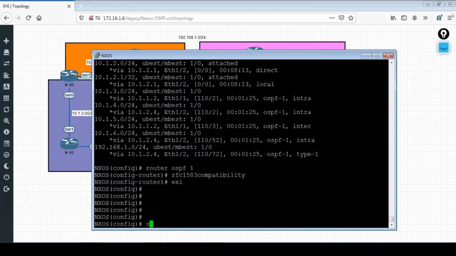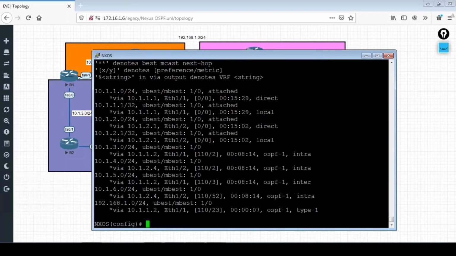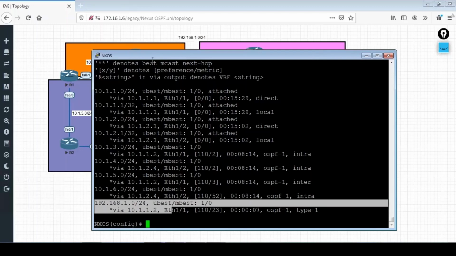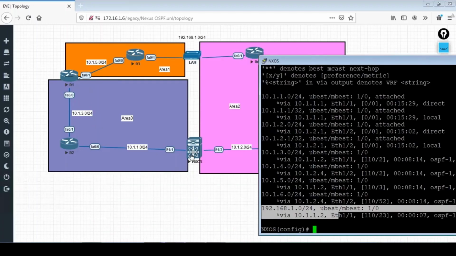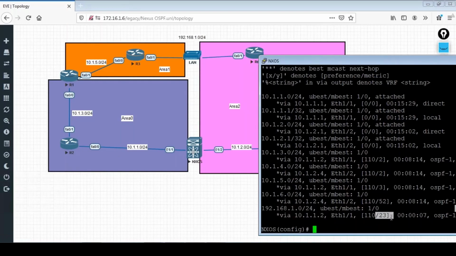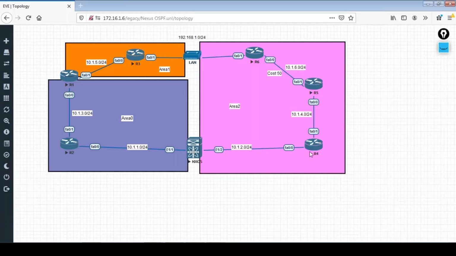Now, if I check show ip route, you can see 192.168.1.0 is pointing towards R2. And we are now depending on the cost factor. We are working on the cost, so R4 is happy now. R4 comes to NXOS, NXOS goes to R2, and they reach the destination. So that's one topology I could design.